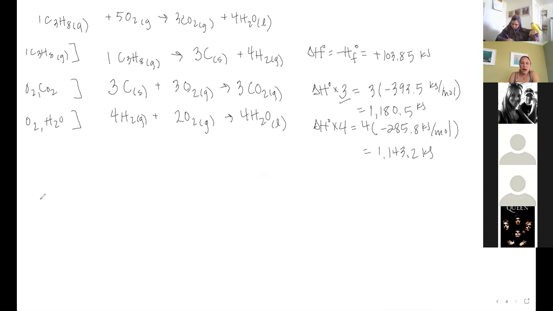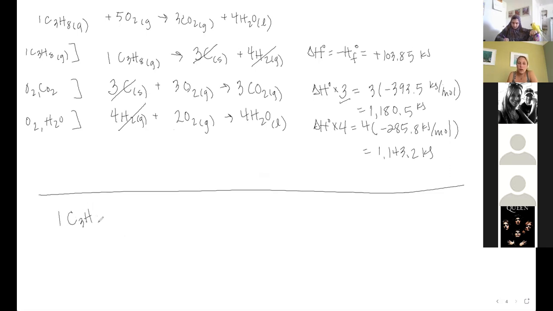And when we look at adding this entire equation together, we have our 3 solid carbons that cancel. We have our 4 hydrogen gas that cancel. We have nothing else that cancels, but we have these 2 waters that we'll add together. So we have 1 mole of propane plus 5 moles of oxygen gas.